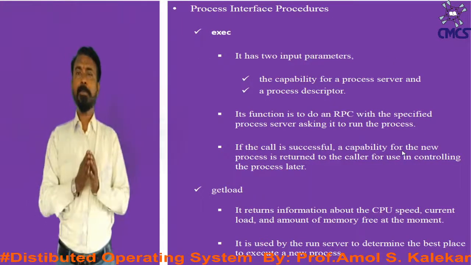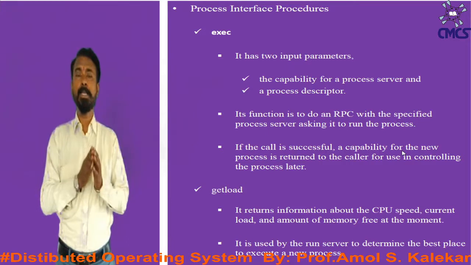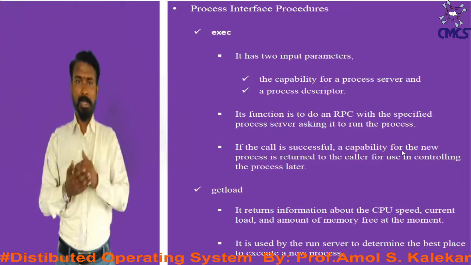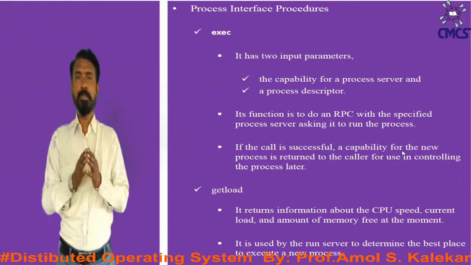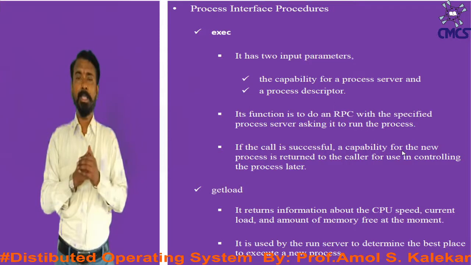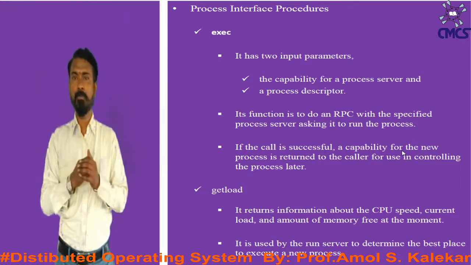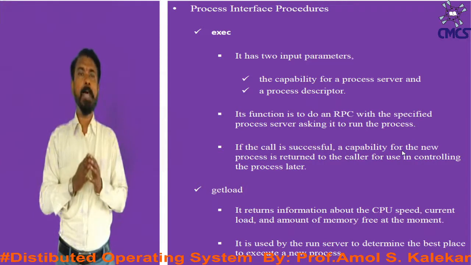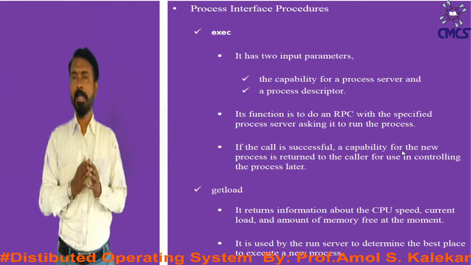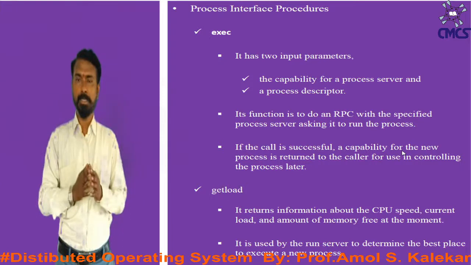Now the process interface procedures. There are various interfaces which can be used in the process interface procedures. First one is EXEC, that is execute. It has two input parameters: first, the capability for a process server, and second, a process descriptor.